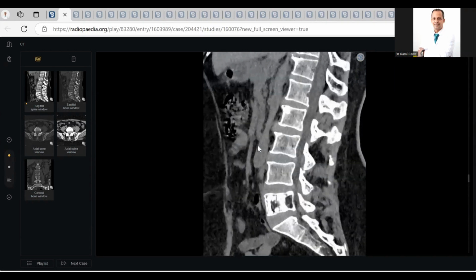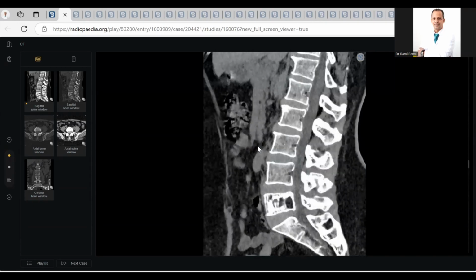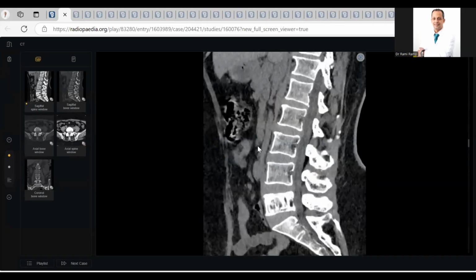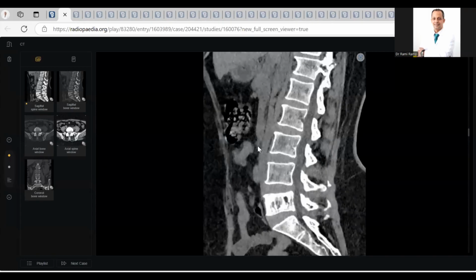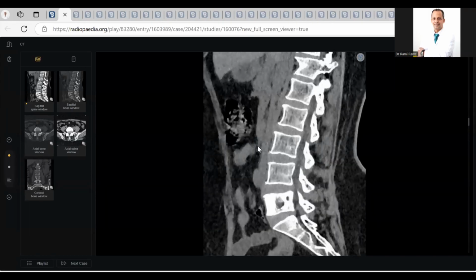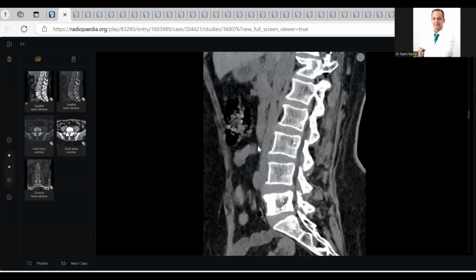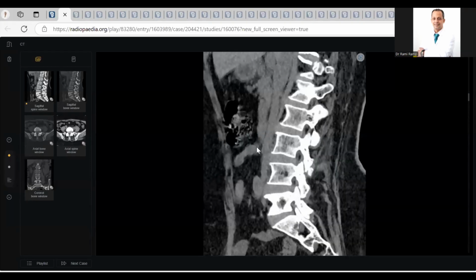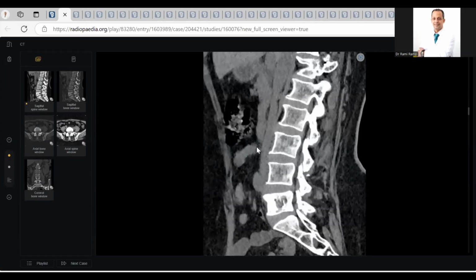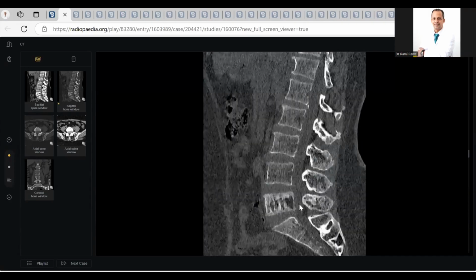What's your differential? With history of breast malignancy, the first thing to consider would be metastasis. I would also like to see this in the bone window. This is a bone window.